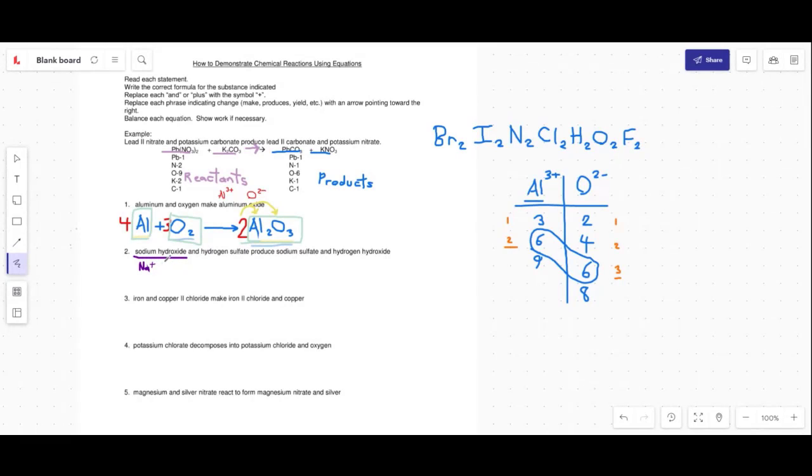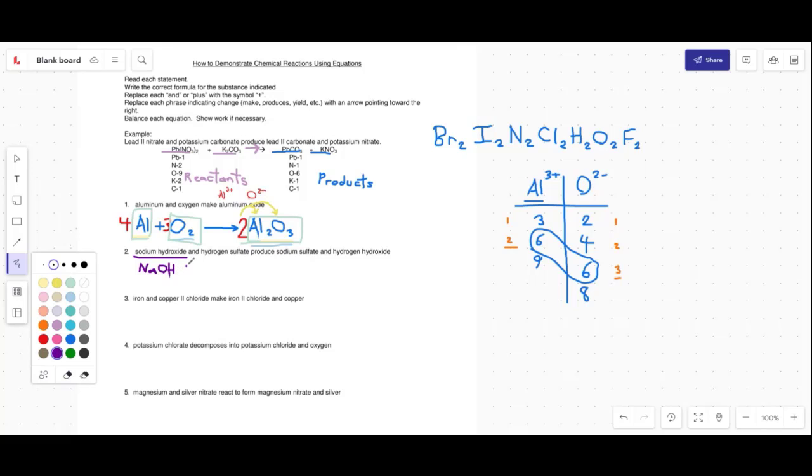And then hydroxide, that's one of those polyatomic ions that you're supposed to have memorized, right? Hydroxide is OH, so oxygen and hydrogen with an overall charge of -1. Those two things together, a plus 1 and a minus 1, means that the formula is just going to be NaOH. I'll go ahead and write that down. NaOH.